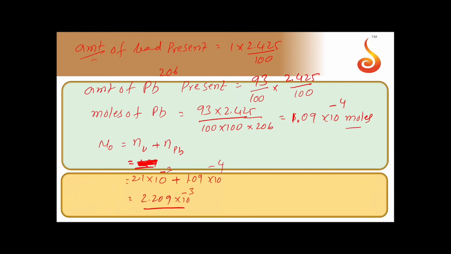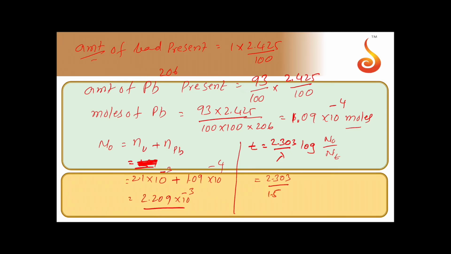Now, applying the formula, T is equal to 2.303 / lambda × log(N0 / Nt).